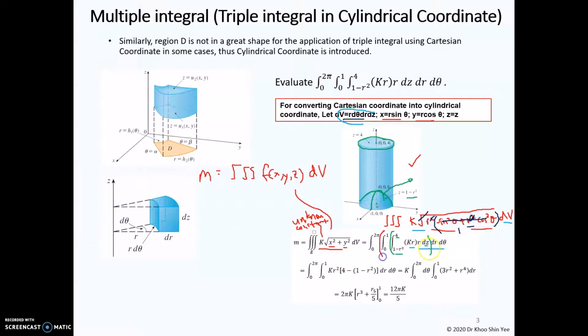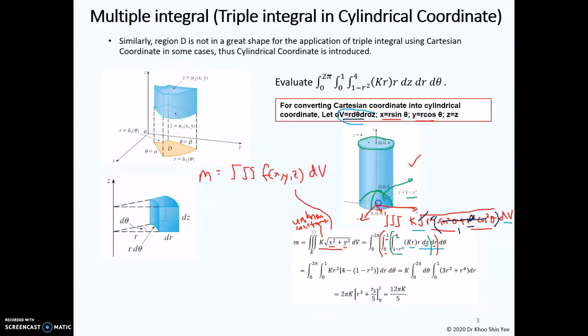Then we continue to find the limit in the r direction. So this is the y-axis and this is the x-axis, and you can see that the radius is from 0 to the outer surface here, which is equal to 1. Therefore, the limit is from 0 to 1.